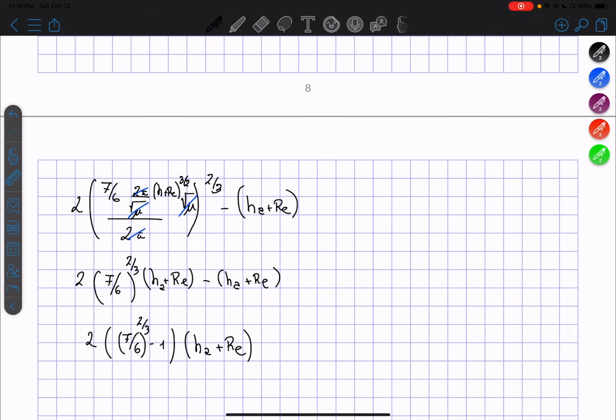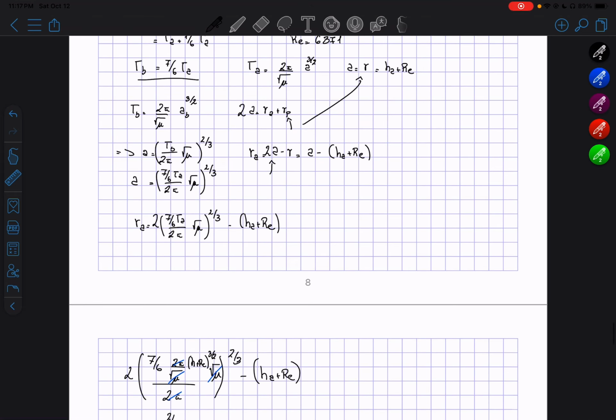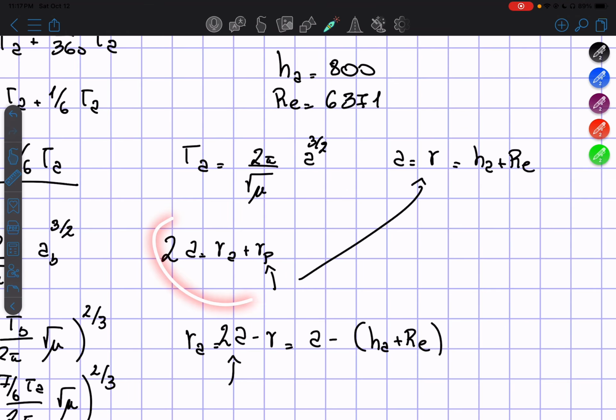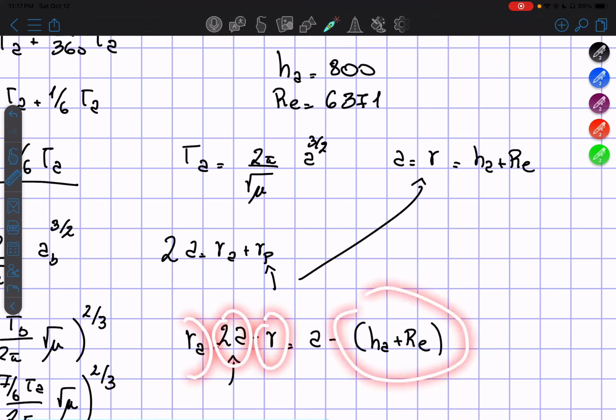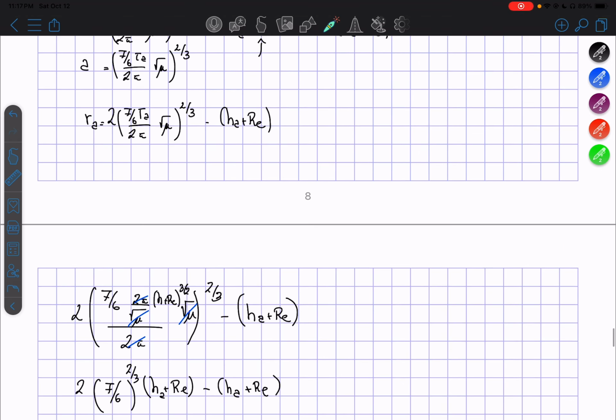Something's wrong. That is definitely not enough. I mean, 2A is equal to RA plus RP. RA is equal to 2A minus RP, where RP is equal to HA plus RE. That's right. Oh, because I guess that the R that I plugged in here is not the same.